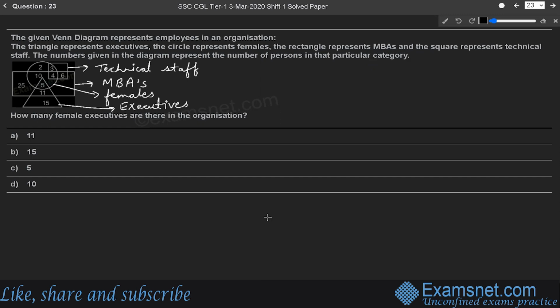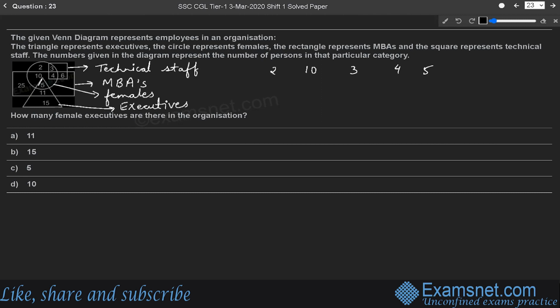You can see that circle represents females. And in the circle, there are 5 numbers. 2, 10, 3, 4 and 5. These are the number of females in particular categories. So if we want to calculate the number of female executives, we have to find the intersection of females with the executive. And since the triangle represents the executive, so you can see that in triangle, the number of females is 5.